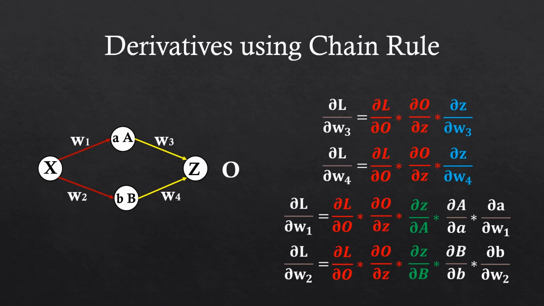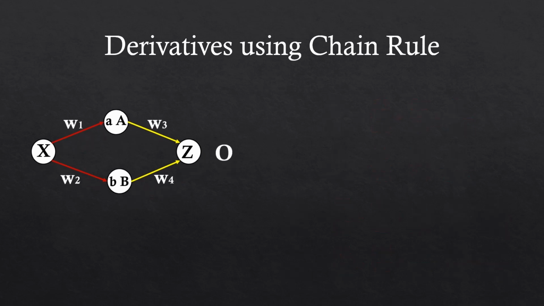This is crucial because this means that we can reuse computations of these red terms from previous layers while calculating derivatives. In fact, this is where the name backpropagation comes from. The gradients calculated in one layer are propagated backwards to previous layers, drastically reducing the number of computations required.